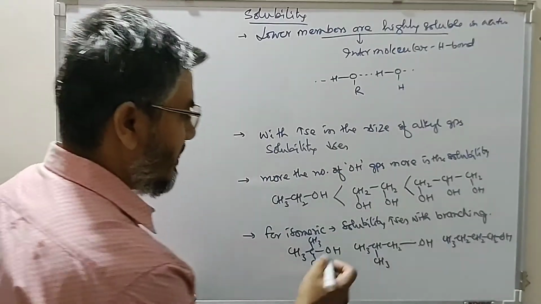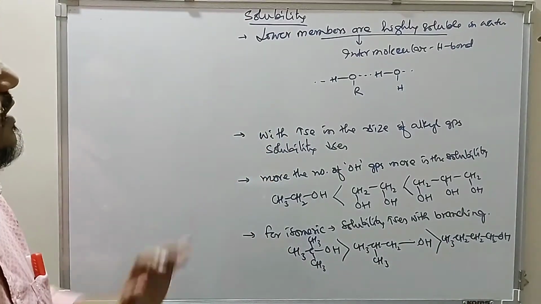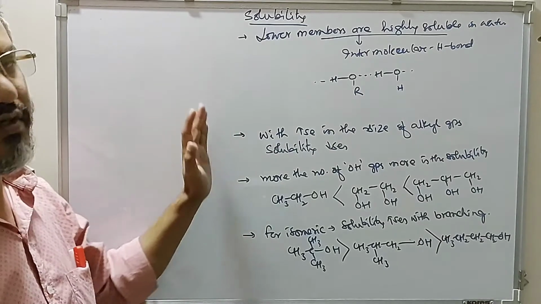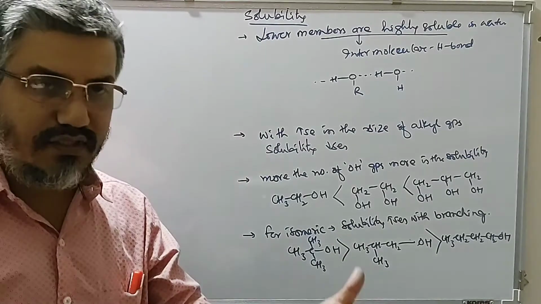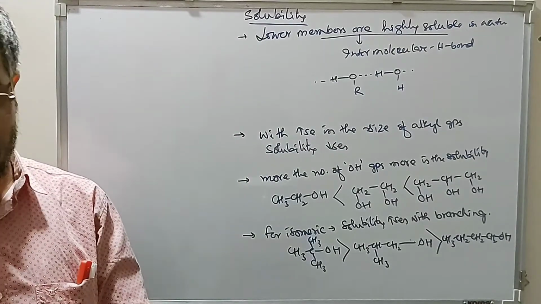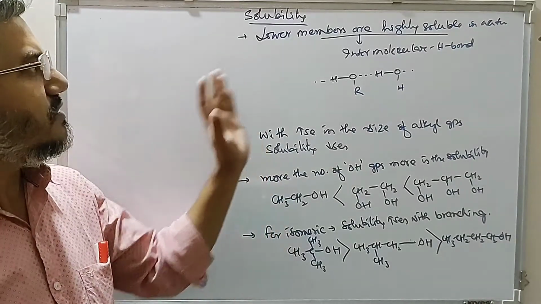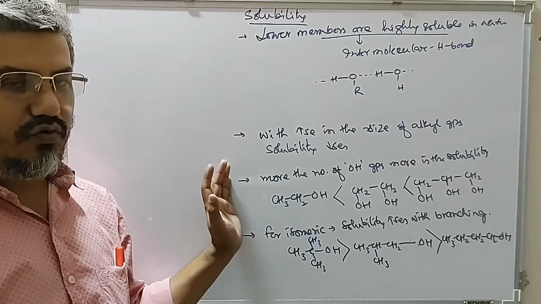So with increase in branching, solubility increases. So this is how the solubility of this class of compounds known as alcohols varies. Again, solubility with water is due to association through intermolecular hydrogen bond. So this is about the physical properties of alcohols.